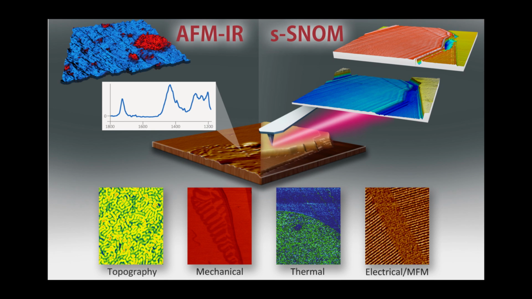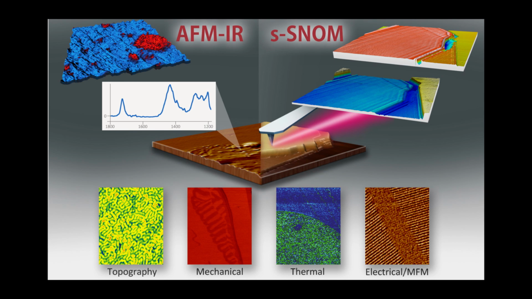There was a question, is there a source that covers the 2250 inverse centimeter range? So we have for a while supplied a source, an OPO source that covers from 900 to 3600. So the traditional AFM-IR technique does cover that range because it covers the full range from 900 to 3600.